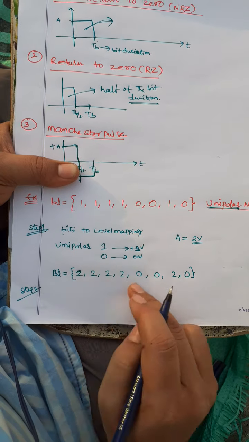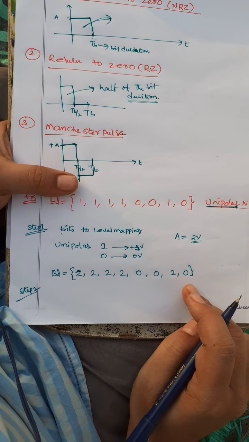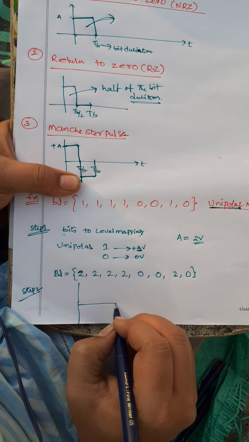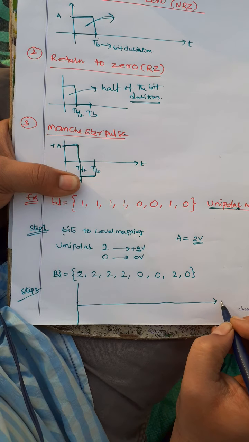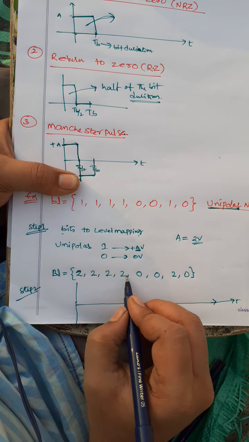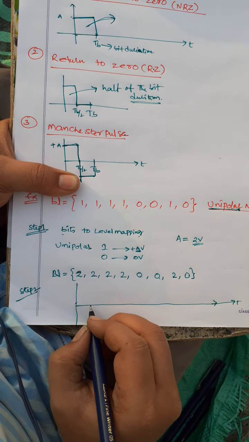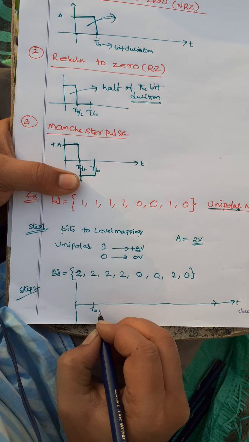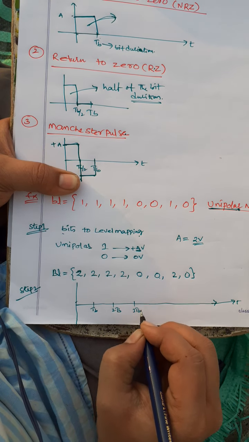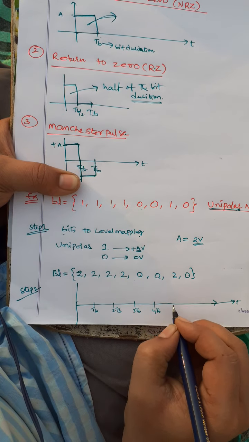By using this voltage level, I am going to draw the graph. This is my time axis T. How many levels? 1, 2, 3, 4, 5, 6, 7, 8. 8 durations: first, second, third, fourth.